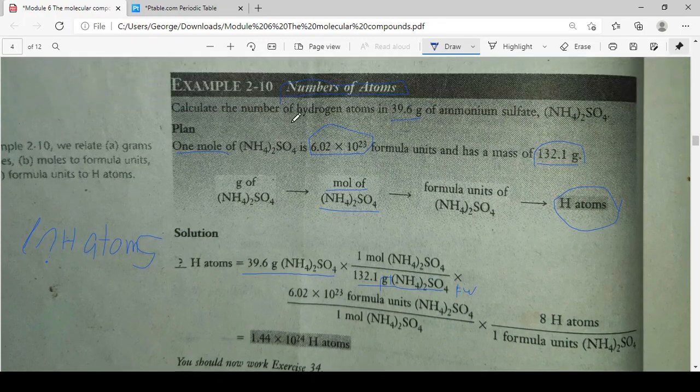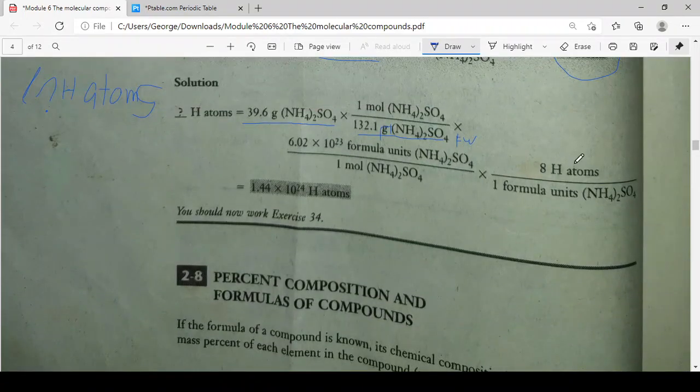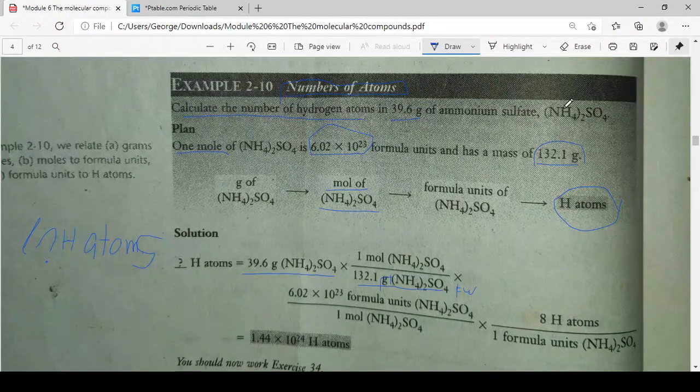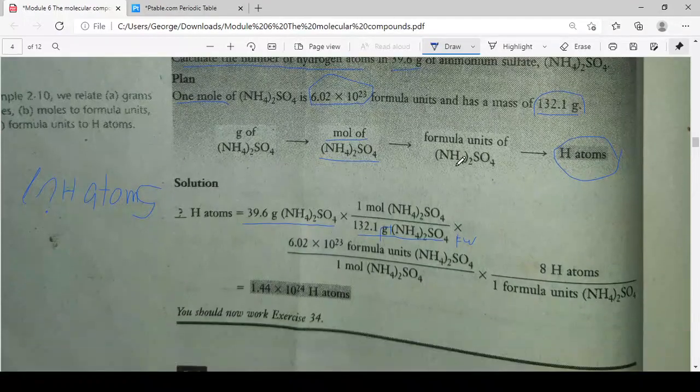Because we are calculating your number of hydrogen atoms. In your (NH4)2, the subscript 4 times 2 is equals to 8. So bring over your 8 here. You now have 8 hydrogen atoms.